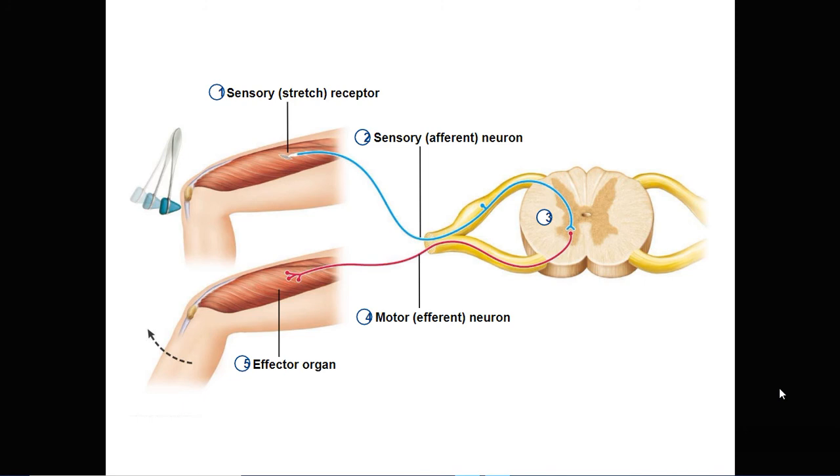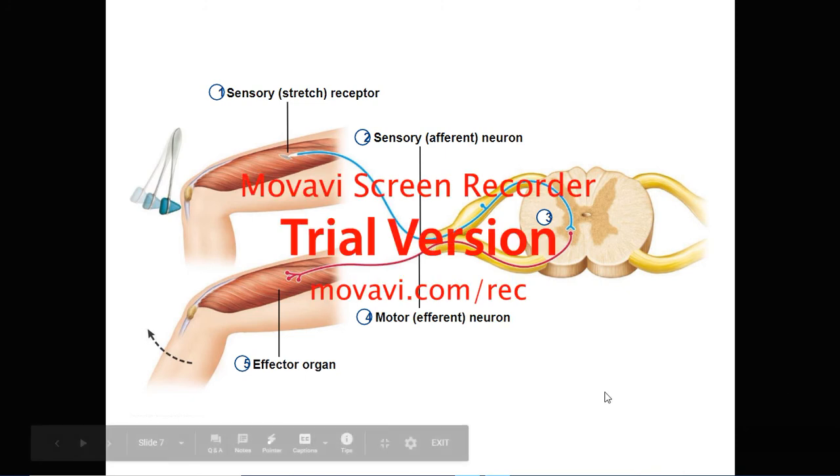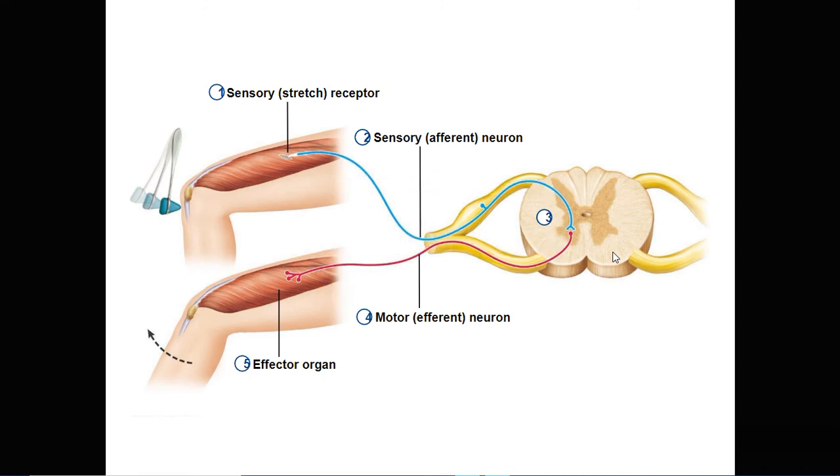Essentially, stretch reflexes are initiated by tapping a tendon. So right here, you're going to tap the patellar tendon or ligament, which stretches the muscle to which the tendon is attached. After you tap this tendon, it's going to cause this muscle to stretch.